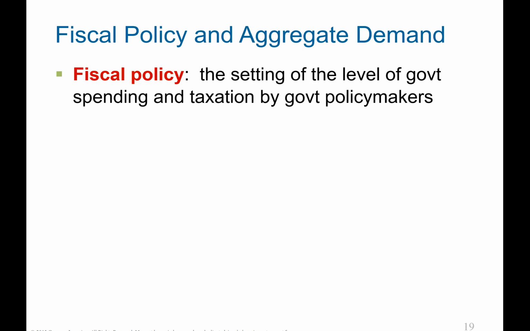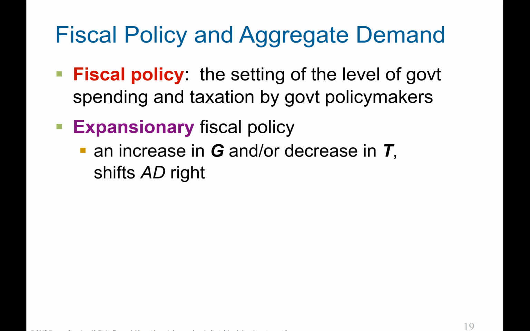Fiscal policy, by definition, is the setting of government spending and taxation levels. And this is done by government policymakers. Generally, it's considered the actions of the President and Congress. Expansionary fiscal policy are those actions that seek to expand the aggregate demand. So remembering the aggregate demand is C plus I plus G plus XN.